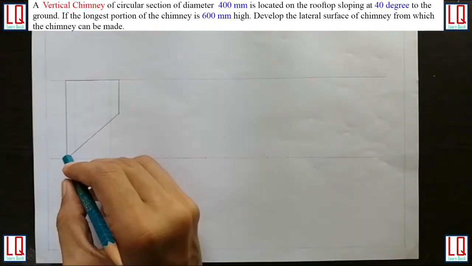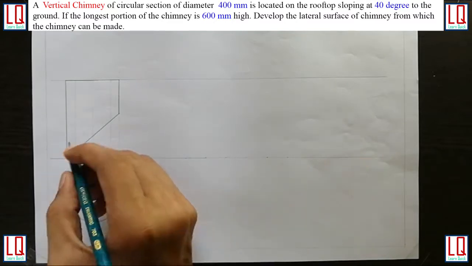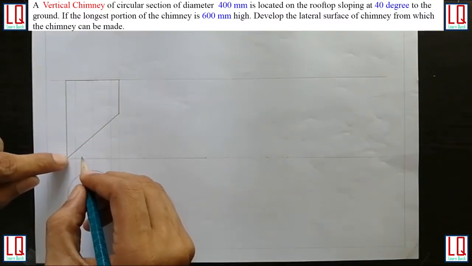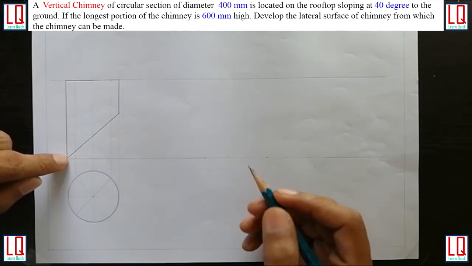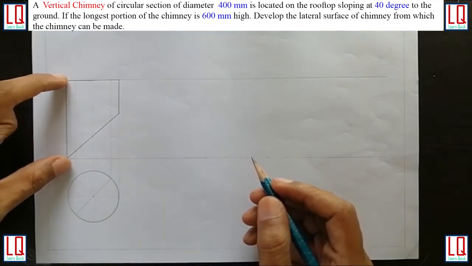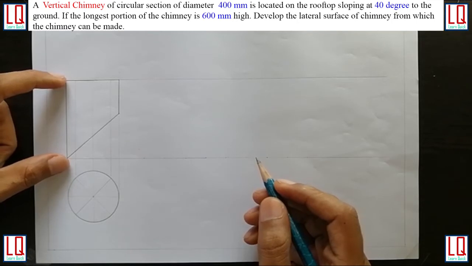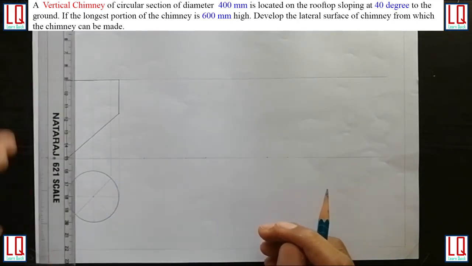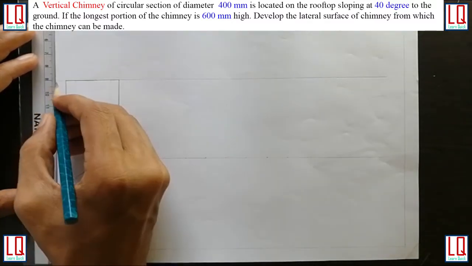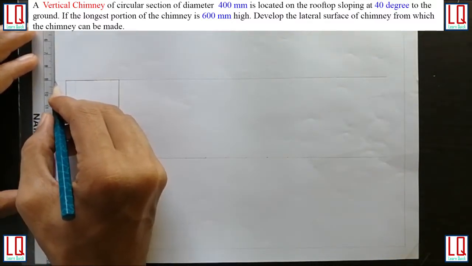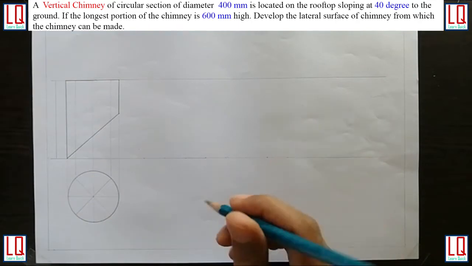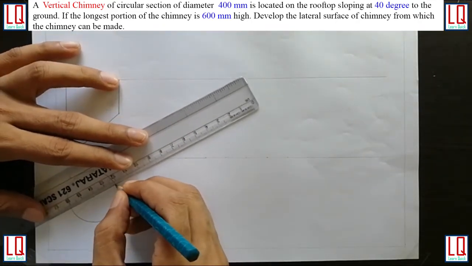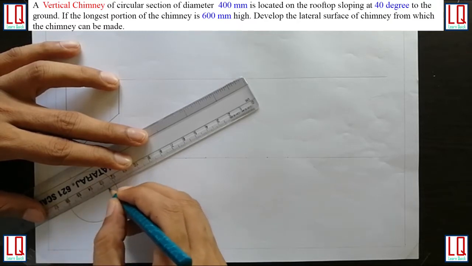We have taken this slant angle as 40°, starting from here. They have also said the longest portion of the chimney is going to be 600 mm, so that is 60 mm. Now we will quickly dimension this. The longest one is 600, and then we will do dimensioning for the circular cross section also, the diameter.